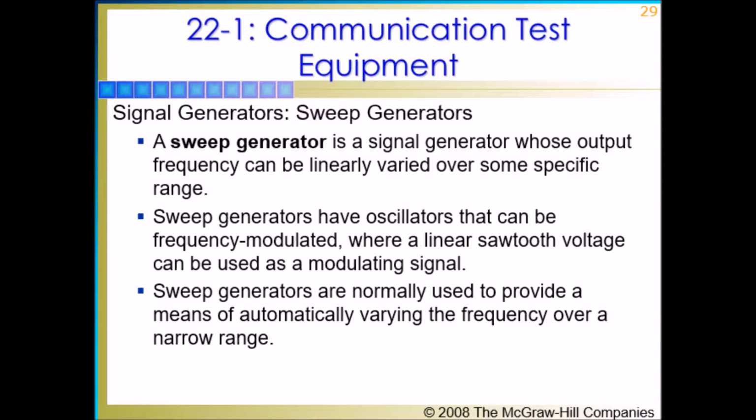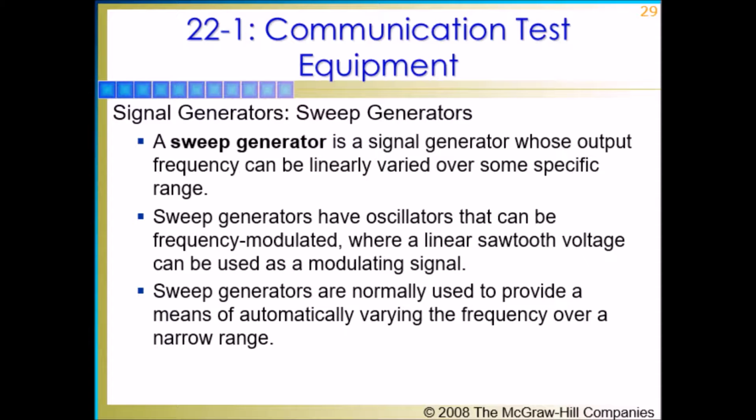A sweep generator is a signal generator whose output frequency can be linearly varied over some specific range. Sweep generators have oscillators that can be frequency modulated, where a linear sawtooth voltage is used as a modulating signal.